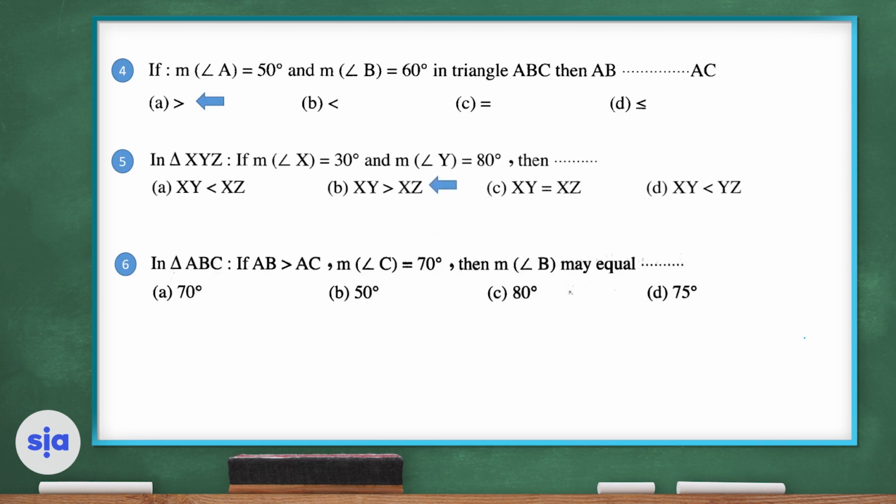XY is greater than XZ. Question 6. In triangle ABC, if AB is greater than AC, where the measure of angle C is 70 degrees, then the measure of angle B may be equal to which of the following? 50 degrees. Let's now move to the evaluation part.